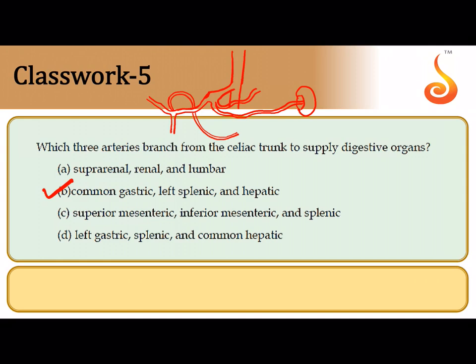So remember, this is the artery that supplies the stomach, and this is an artery that supplies oxygenated blood to the spleen, and this artery which is coming down is called the common hepatic artery. That is, it is taking the blood to your liver. So liver, stomach, and spleen.